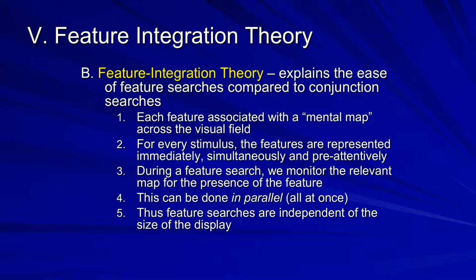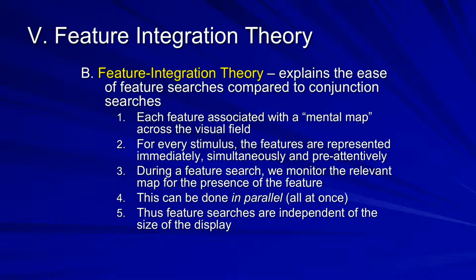So here's the basic idea. Each individual feature, so redness or roundness or G's or Q's, whatever it is we might be looking for, is associated with a mental map across our visual field. So for every stimulus, the features are represented immediately, simultaneously, and what we call pre-attentively. So before we've done any attentional processing, the entire visual scene is in front of us, but it's represented, each feature has its own visual map.